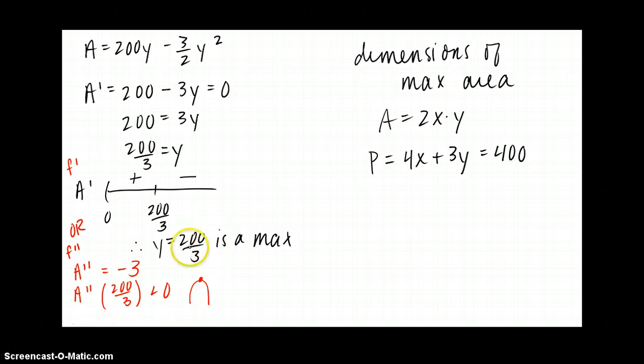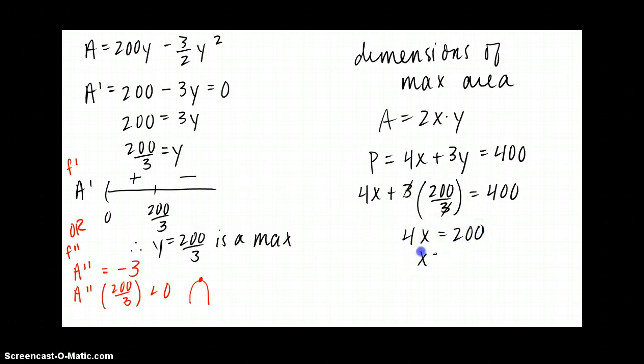So now that we have a value for y, we're going to plug that into the given to solve for x. So 4x equals subtracting 200 from both sides, so x would equal 50. So what dimensions would maximize the area? A pen of 50 feet by 200 thirds feet.